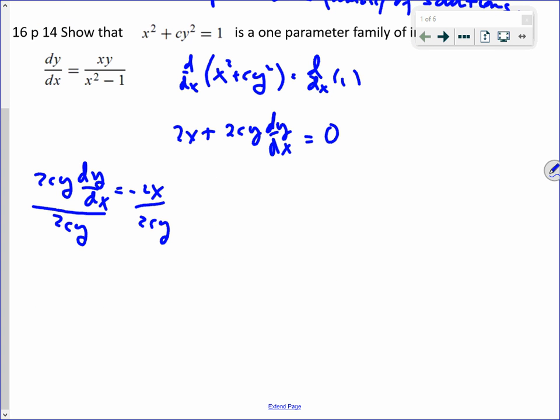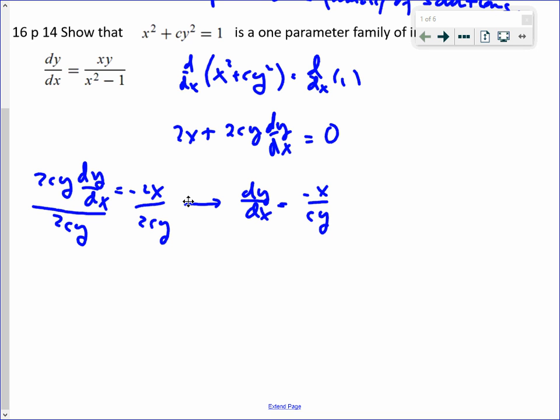So we would get dy dx equals minus x over cy. Let me move that up here. Well, that's not what we got. We don't have dy dx equals minus x over cy.